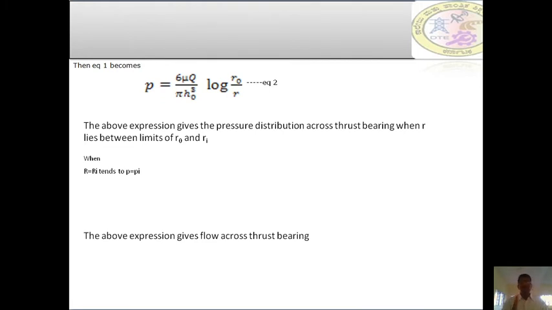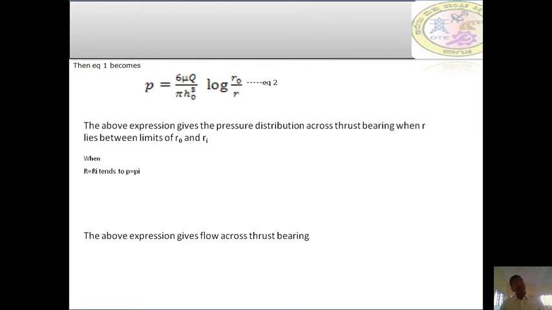By applying that, what we get is p is equal to 6 mu q divided by pi s naught cube into log r naught by r. That is the above expression, which gives the pressure distribution across the thrust bearing when r, the radius of the journal, lies between the limits of r naught and ri.